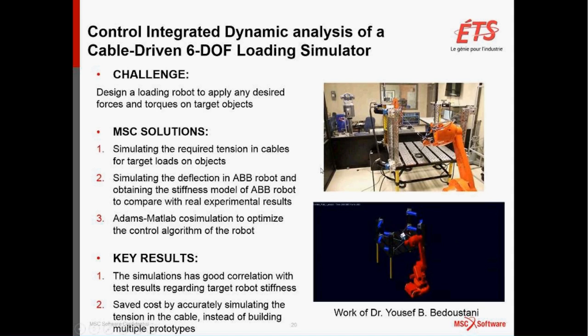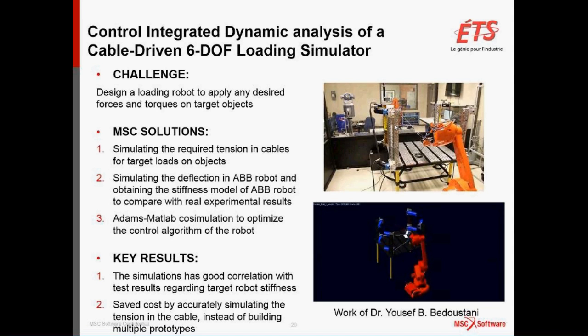And so he was able to use the Adams and MATLAB co-simulation to optimize the control logic for this loading simulator, and to apply the minimal force or torque needed in order to apply the target load on the target object.